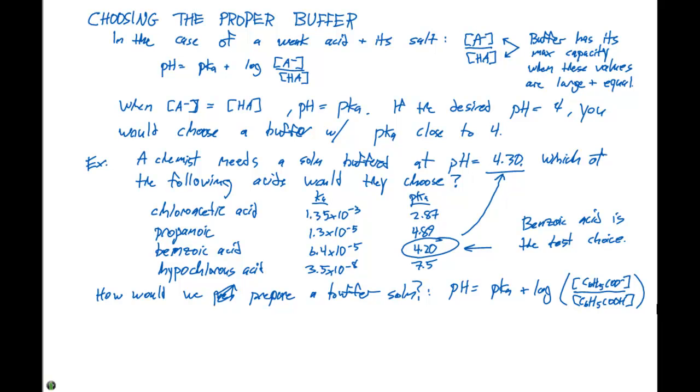Okay, so in this particular example, our pH is 4.30. That's going to equal the pKa, which is 4.20, plus the log of the concentration of C6H5COO- divided by the concentration of C6H5COOH.